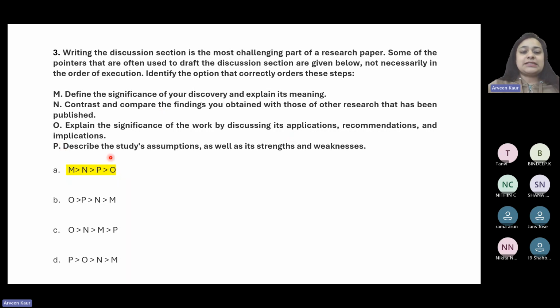Then P, that is, describe the study's assumptions as well as its strengths and weaknesses. Everything that we have observed, we have reported. There might be some reports that we have seen this and it might mean this, so you might not have tested that hypothesis.